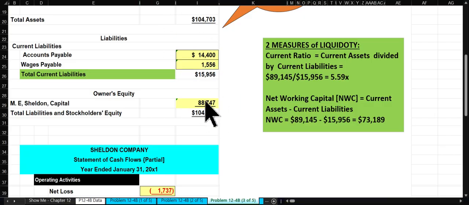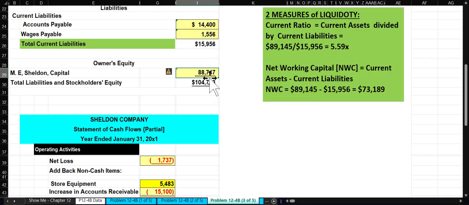The final piece here is the equity, and notice that this balance here is brought over from the ending balance in the statement of owner's equity. So total assets equals total liability plus total equity.